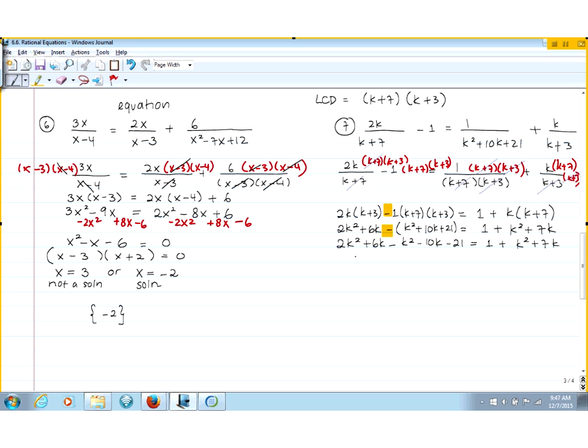Combine like terms. 2k squared minus k squared, that is k squared. 6k minus 10k, minus 4k, and then minus 21 is equal to k squared plus 7k plus 1.